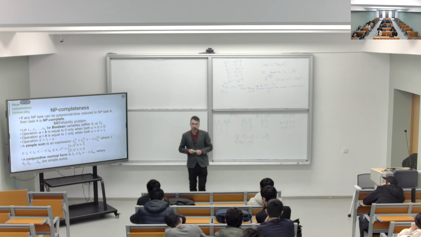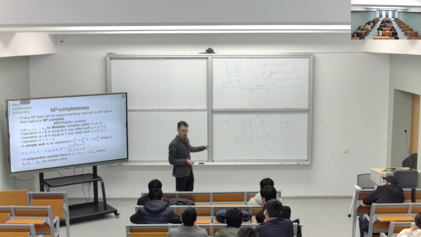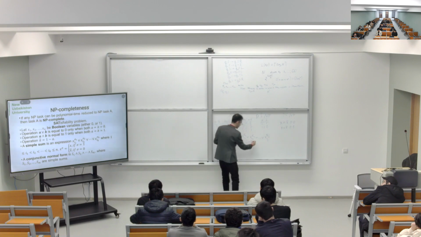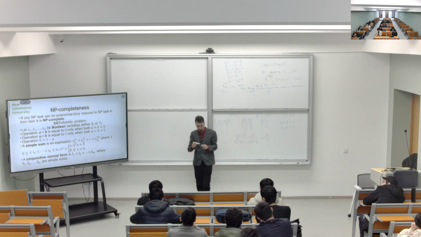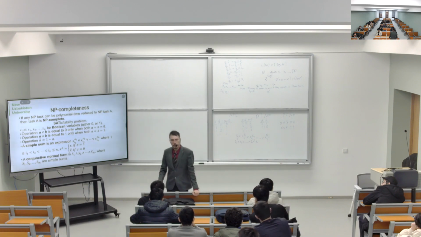So the question is, does it ever equal 1? Solve the equation. Does it ever equal 1? That's the whole problem. Okay? So this is the problem. And this problem is an NP-complete problem.